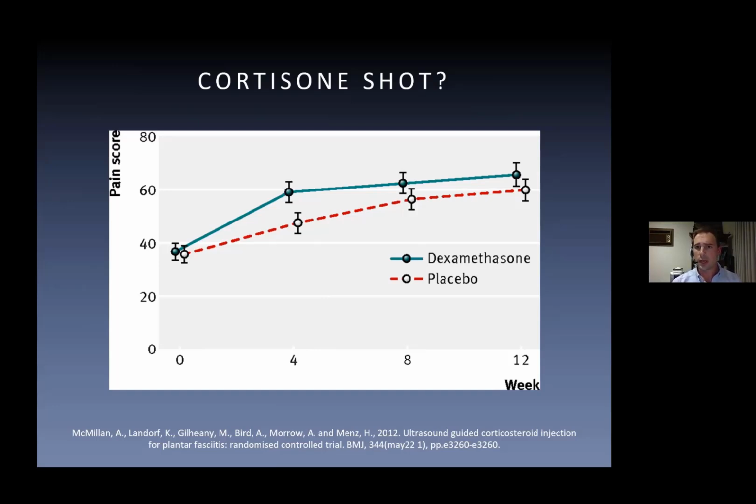It was an ultrasound-guided injection of either saline or dexamethasone, which is a type of steroid and a potent anti-inflammatory. Over the course of a 12-week period, there was a statistically significant difference at 4 weeks, but that was the only point throughout the treatment where the control group who received the saline differed from the group who received the steroid. So steroid has a role, but it's a short-term pain reduction, and there can be cases where this may be considered.